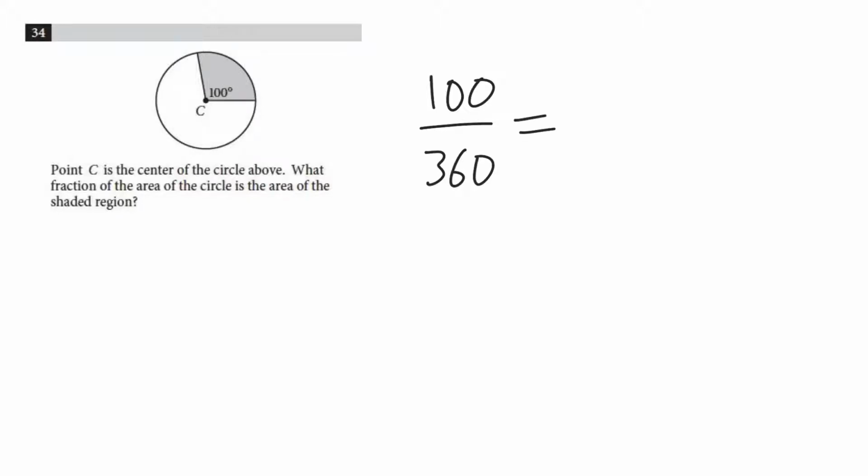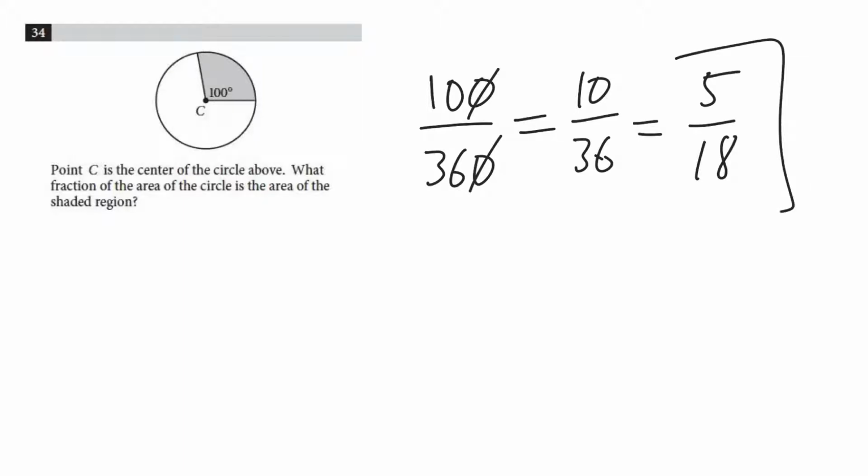Well, that's going to be proportional to the sector area relative to the area of the circle. So if we reduce this, we'll get 10 over 36, and we can divide that by 2. We'll get 5/18.